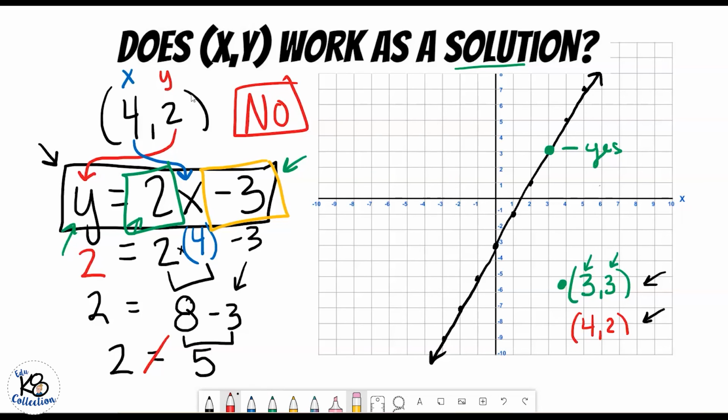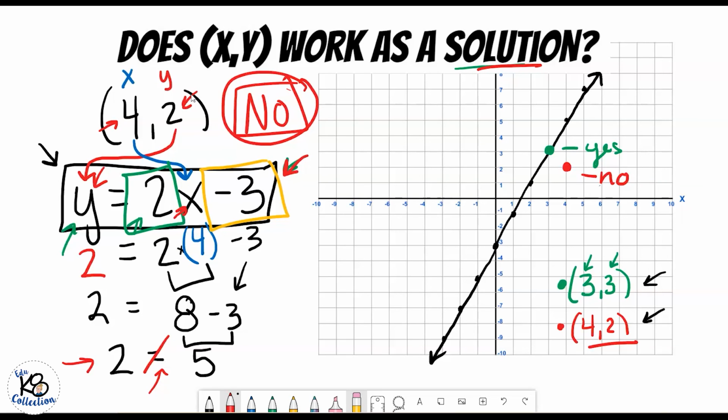But notice when we tested (4, 2), when I graph (4, 2) on my coordinate plane, that point does not lie on our line. That's why when I plugged in 4 for x and 2 for y, it ended up with an incorrect equation. This just isn't true. So no, the coordinate point (4, 2) is not a solution for this equation, for it is not on the line.